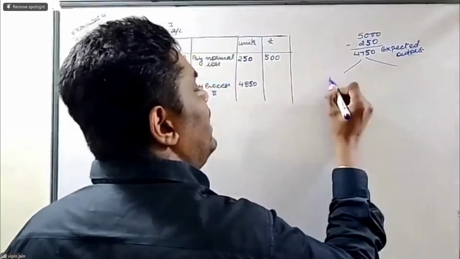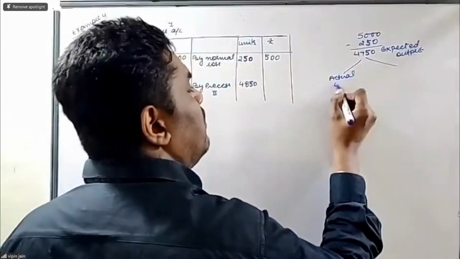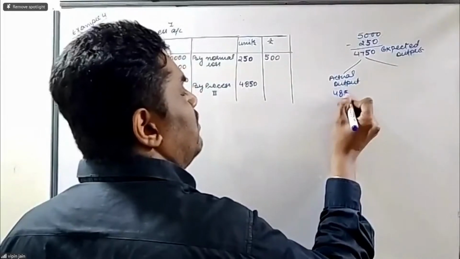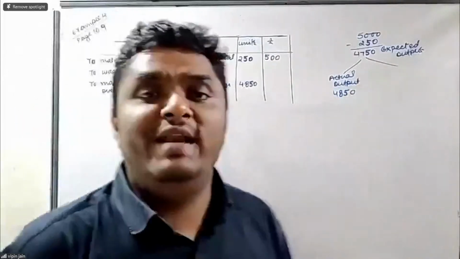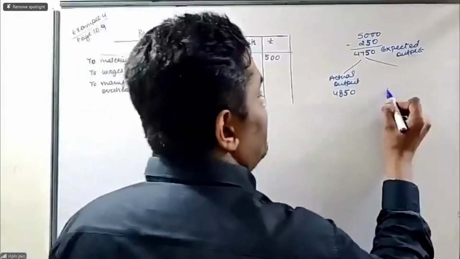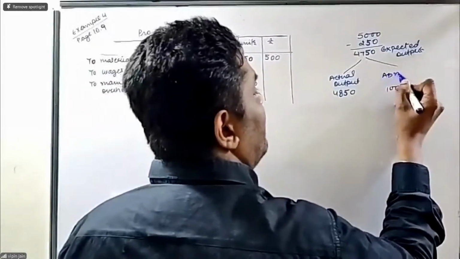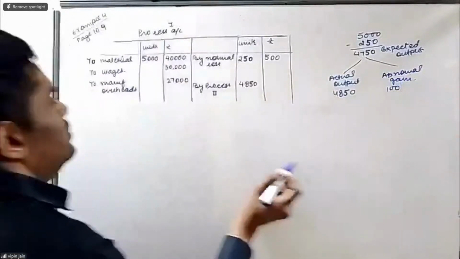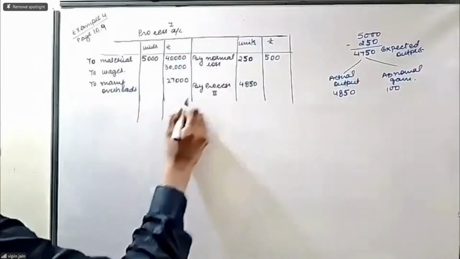Now my actual output is 4850. That is much more than my expected output. So 100 units is what? My abnormal gain. So we have to balance this account.